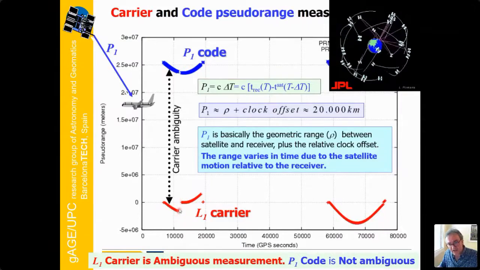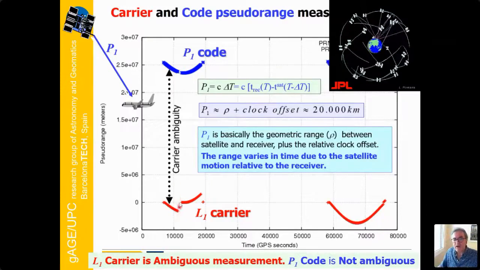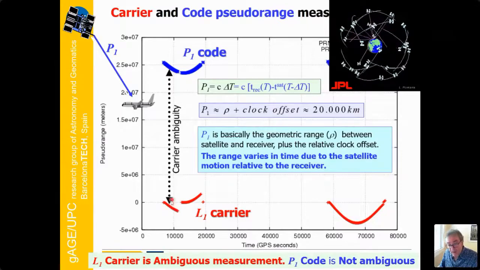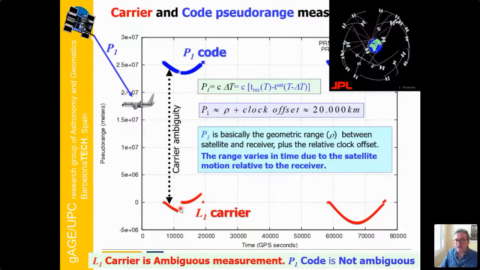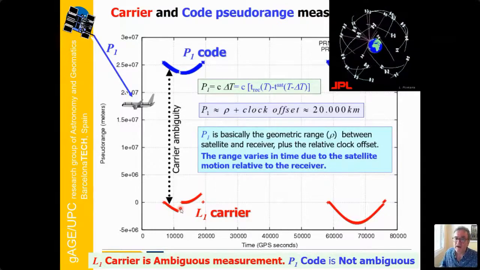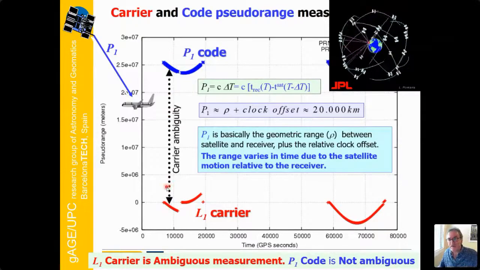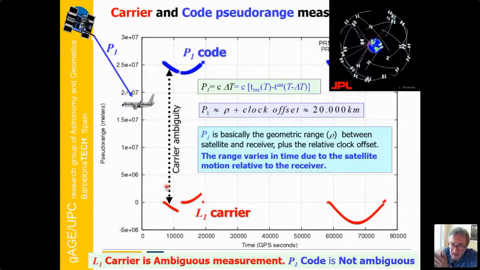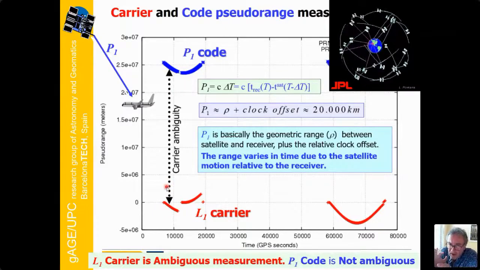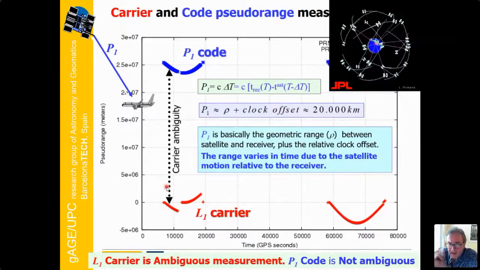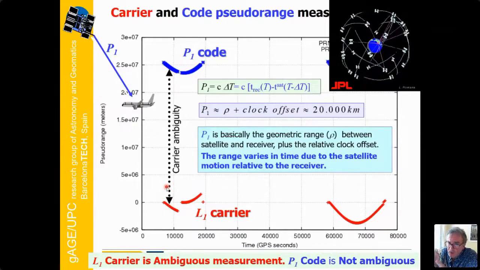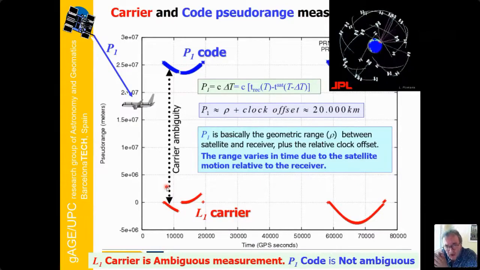Here there is a cycle slip, here there is a jump by an arbitrary amount. Then, in order to use the carrier phase, we have to repair it, and we also have to estimate the ambiguity. This means that it will be a little bit more complicated to use carrier phase than code.